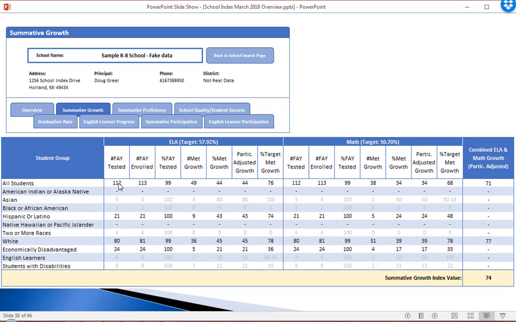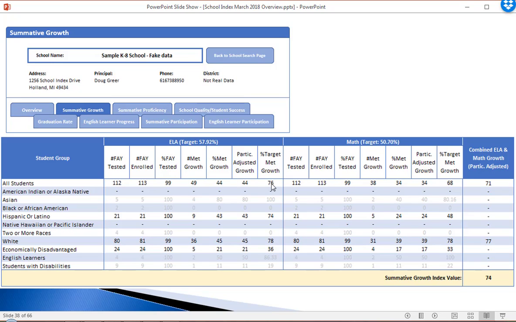So we look at all of our students and we say, well, what percent made adequate growth? And it happens to be 44% made adequate growth. The target was 58%, so they didn't meet the target. So we say how much of the target did they meet? They had 44% have adequate growth. The target was 58, so they met about 76% of the target.